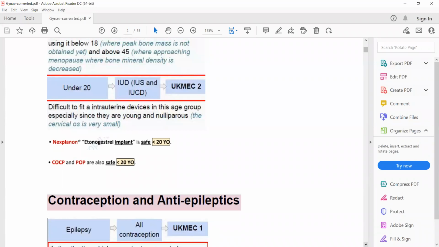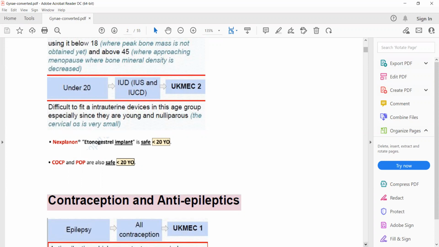So what are UKMEC1 options for patients who are under 20? Nexplanon only. If the young patient is looking for long-term contraception, then we'll go for Nexplanon, which is an etonogestrel implant.